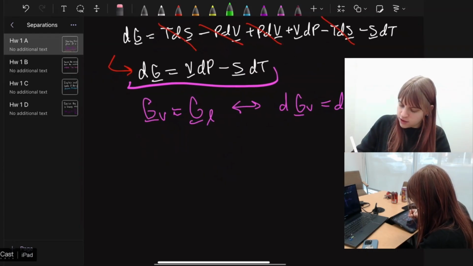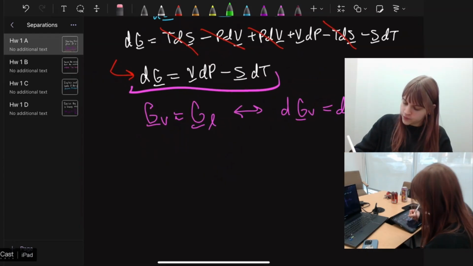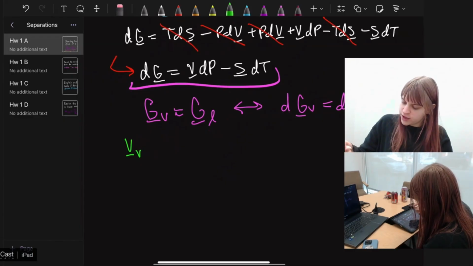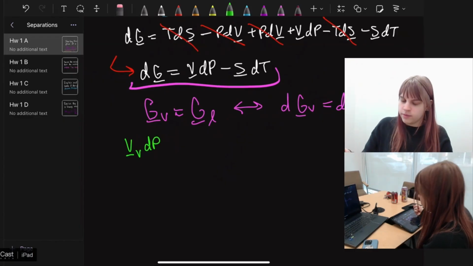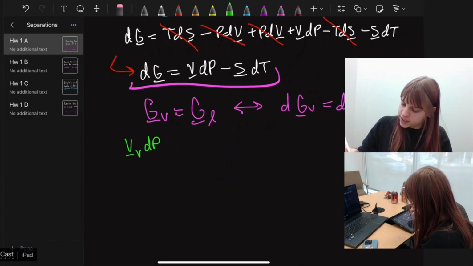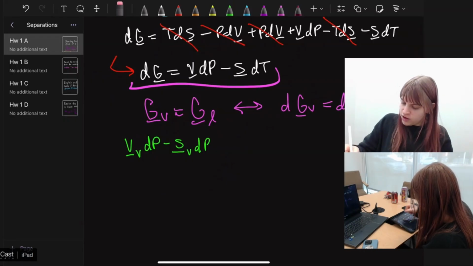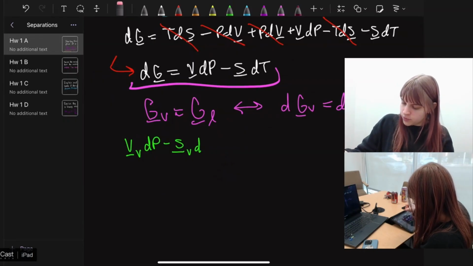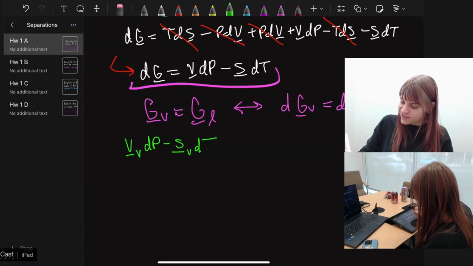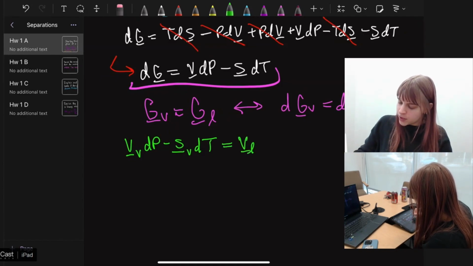We can say that the volume in the vapor phase times the change in pressure minus the entropy in the vapor phase times the change in temperature, sorry, is equal to that same thing, but in the liquid phase.